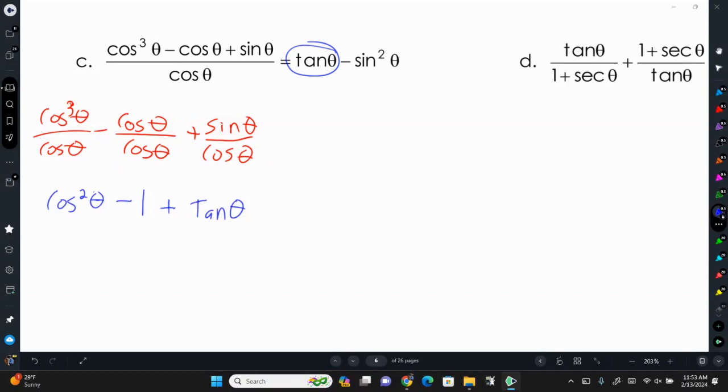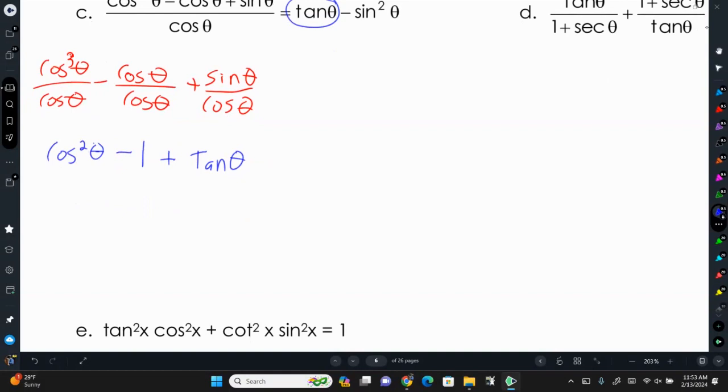So I need to change this. According to our sheet, cosine squared is equal to 1 minus sine squared. So 1 minus sine squared theta minus 1 plus tangent theta. Well, positive 1 minus 1 is 0.